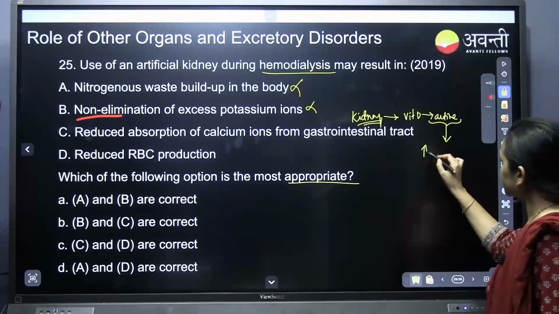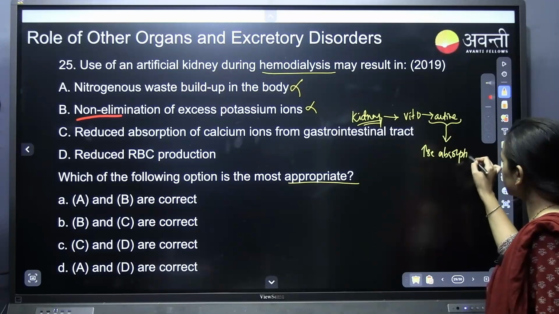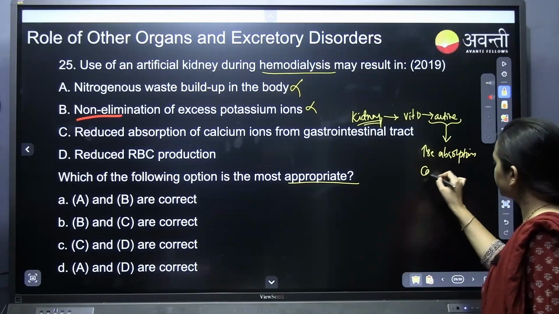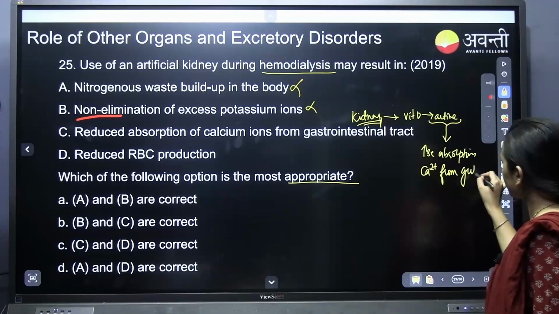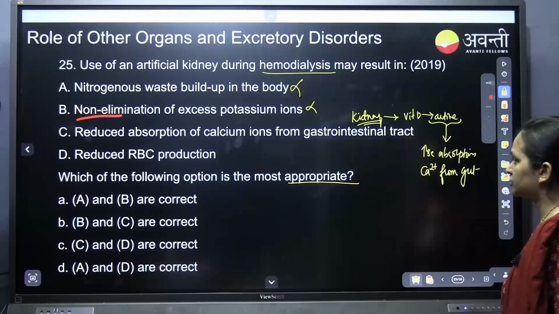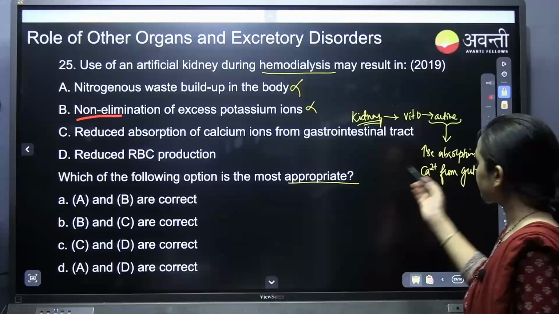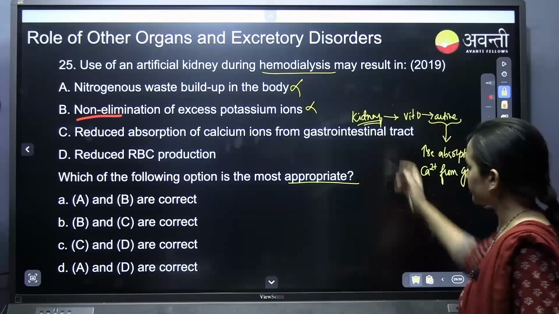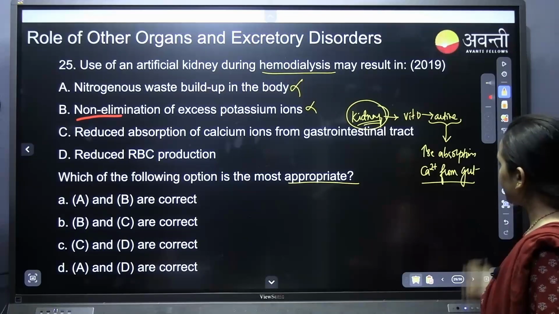The active vitamin D increases the absorption of calcium from the gut, from the digestive tract or the gastrointestinal tract. So it reduces when the kidney is not functioning properly. Basically the kidney increases the absorption of calcium from the gut.